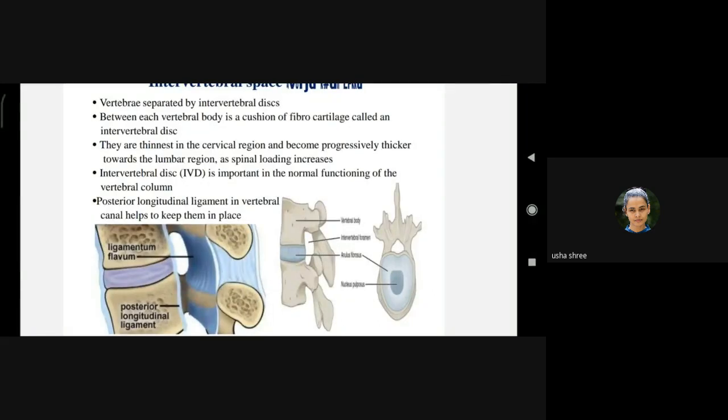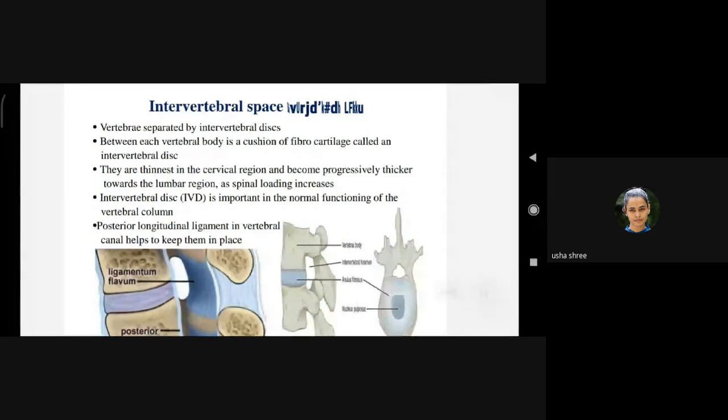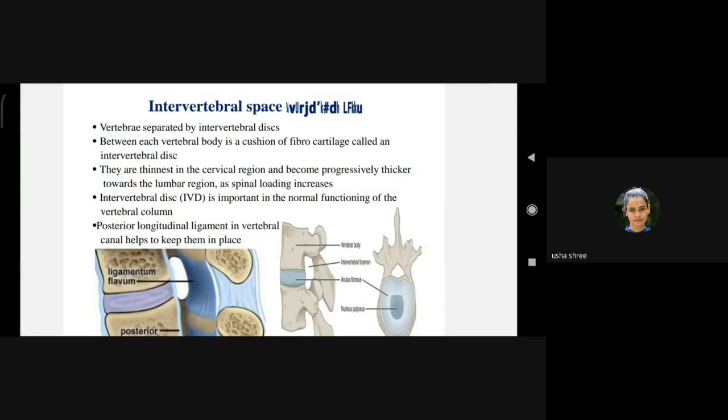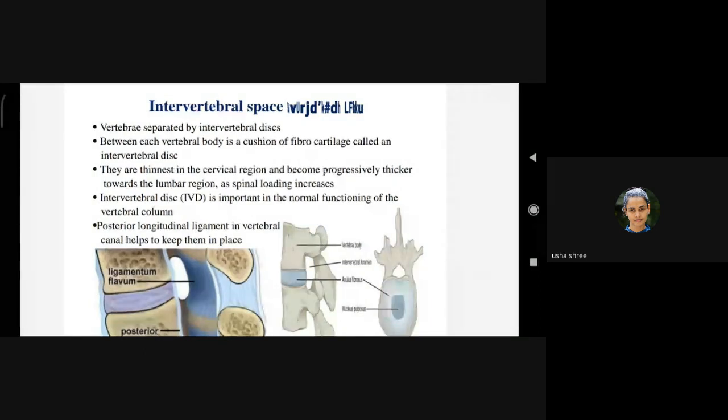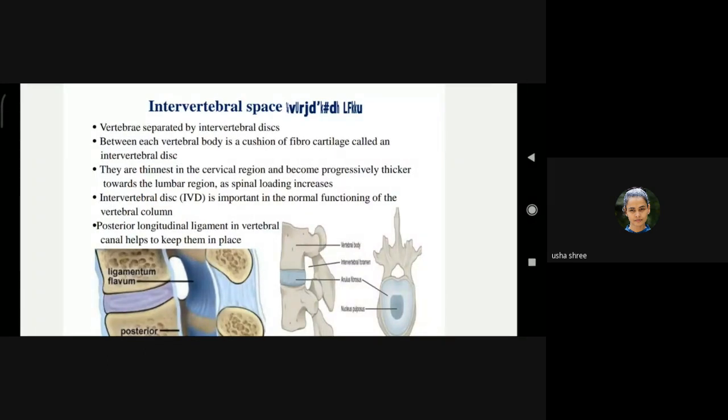But as it goes down, the weight bearing increases, so the thickness also increases. So the intervertebral disc is important in the normal functioning of the vertebral column.